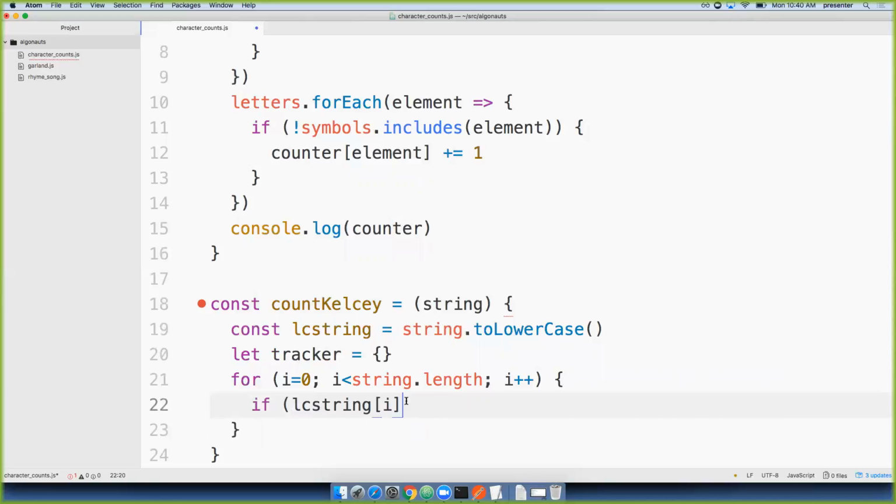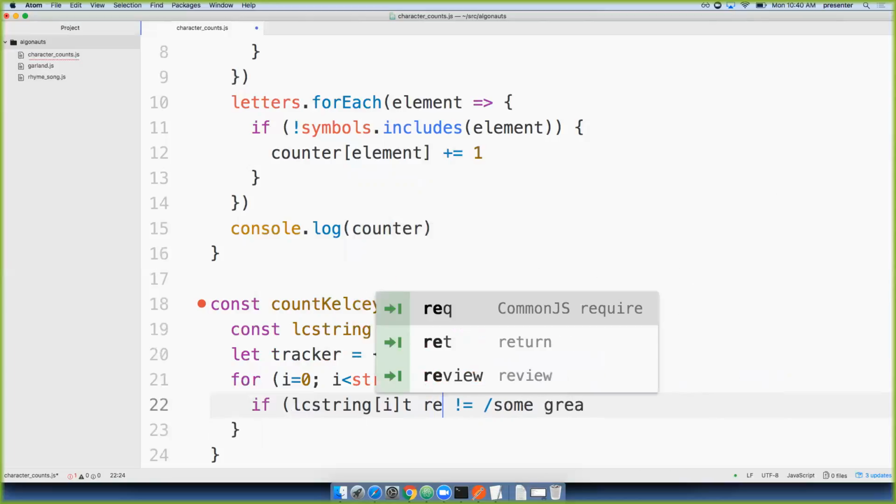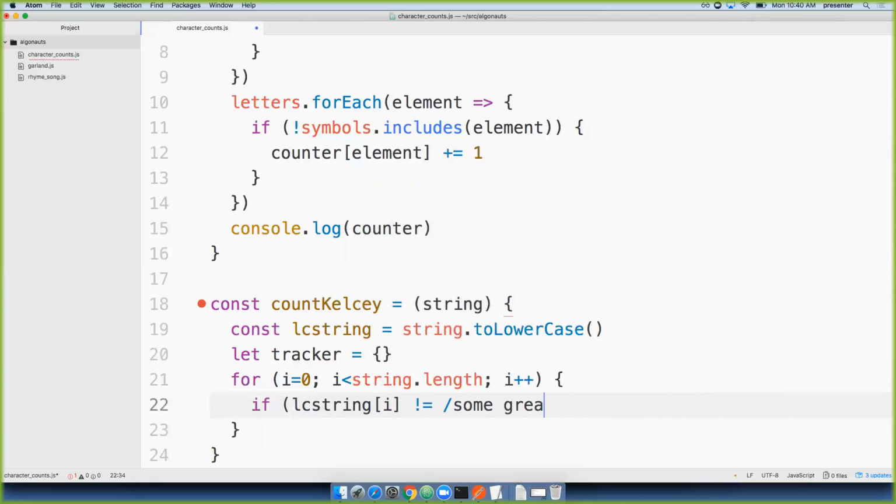Okay. Does not equal, and then this is where I would have put the regex. Oh. But I just put in, since I only saw white space and the period, I put in, okay. Doesn't need.